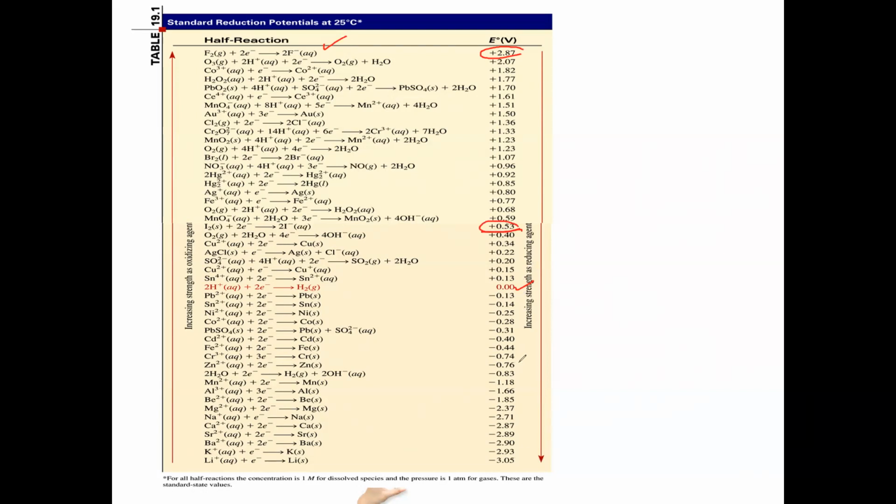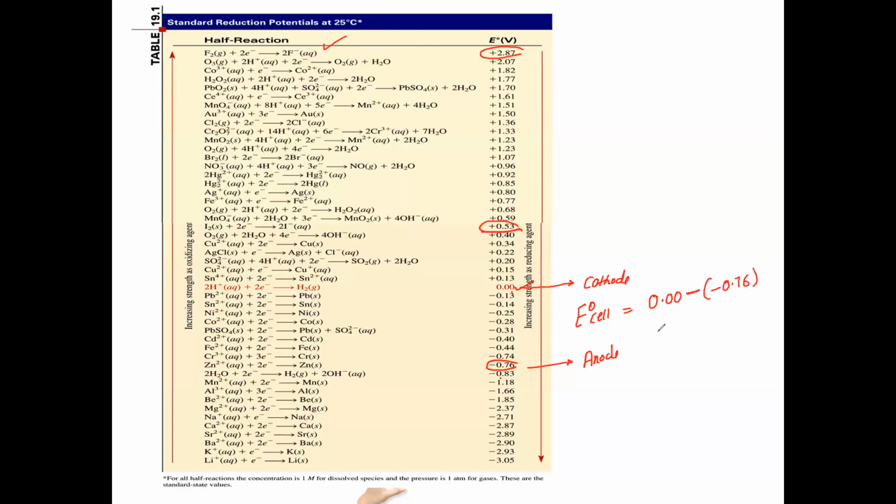But if you combine this half reaction with this, then it will work like cathode and this will work like anode. Correct? You know, this is more negative. Then the deflection in the voltmeter will be E naught cathode, which is 0.00, minus 0.76.